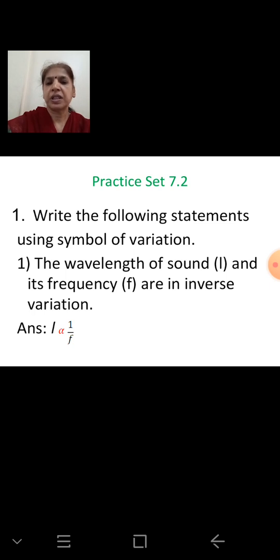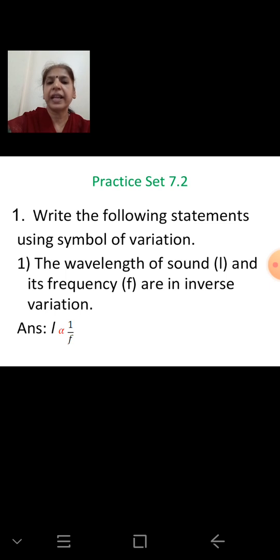First question. The wavelength of sound, it is given small l, and its frequency f are in inverse variation. So they have asked us which letters to use: for wavelength L, for frequency f, and they are in inverse variation. Which is the letter given first?